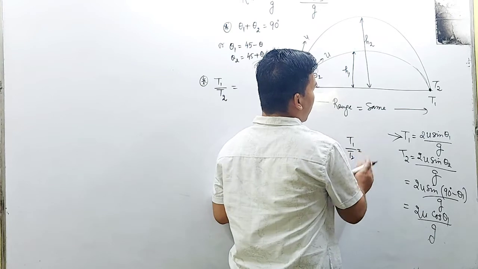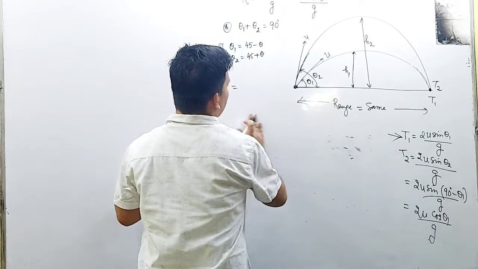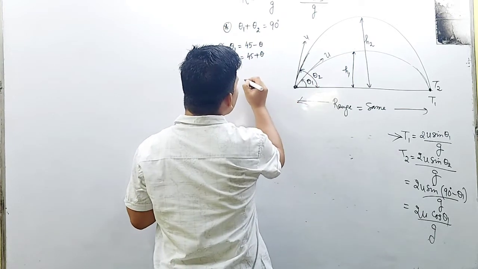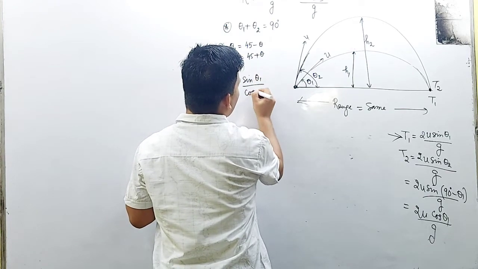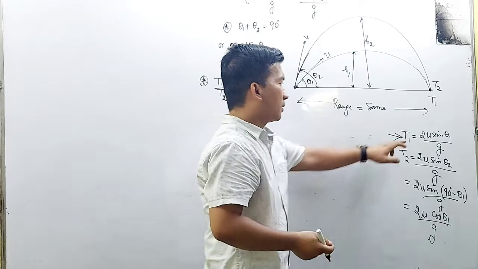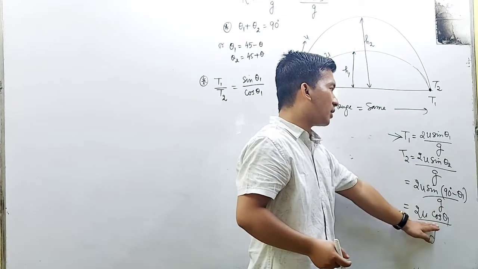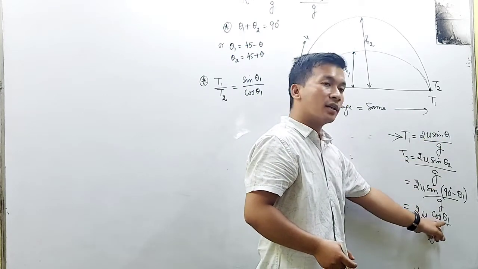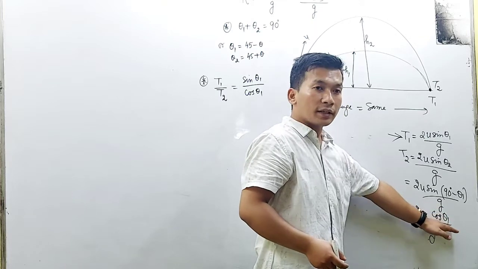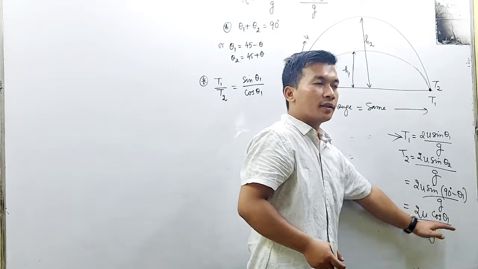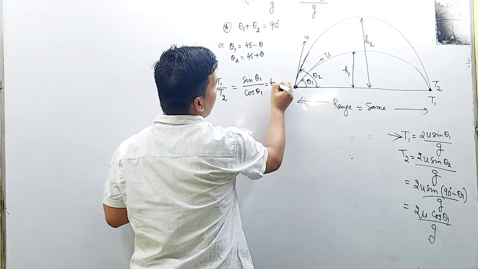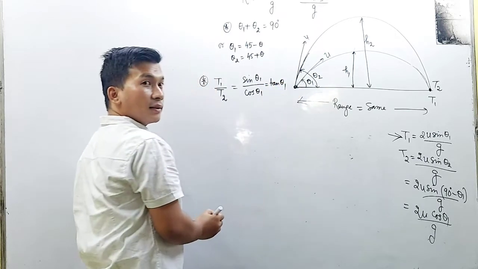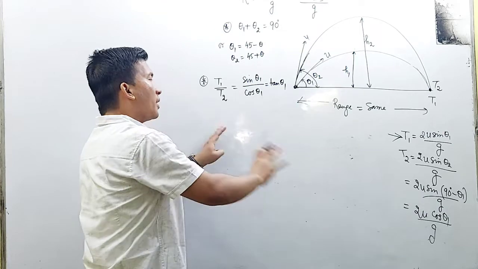We get sin of theta 1 divided by cos of theta 1, and we are left with tan of theta 1.